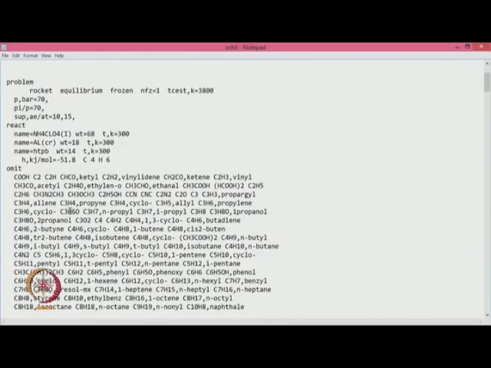So, now if we look at the output file, you have 70 bar as the pressure, area ratios, and then the various components, that is ammonium perchlorate, aluminum, and HTPB, which is 14%.